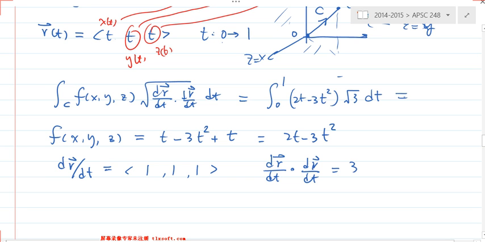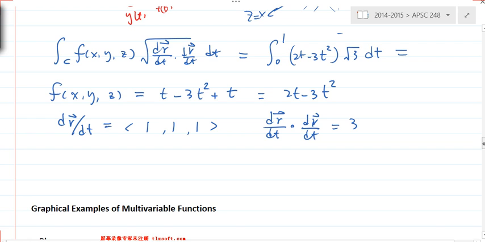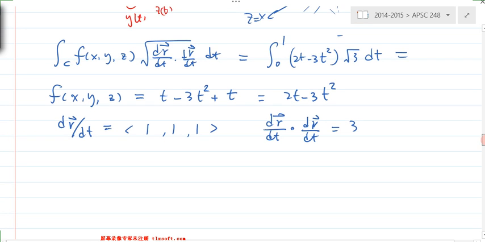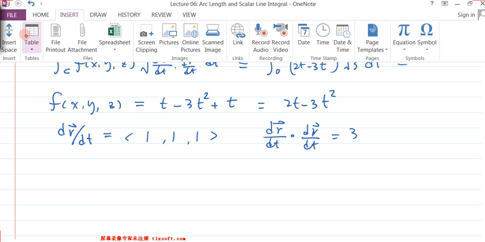It shouldn't take you more than 1 minute. What do you get? You got 0, right?